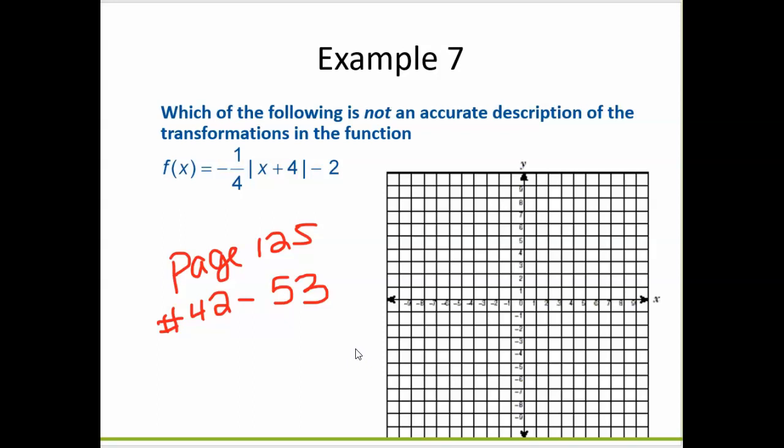And then on page 127, 13 to 15, and that's it. So 125, 42 to 53, and 127, 13 to 15.